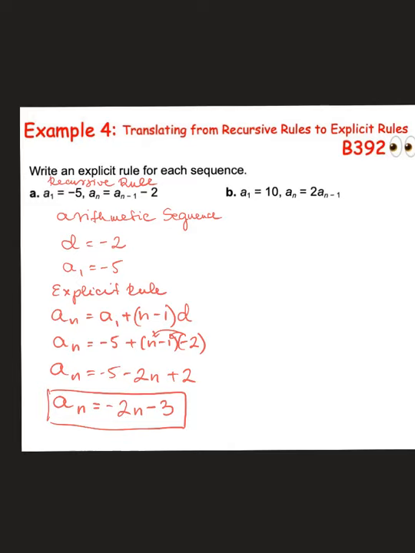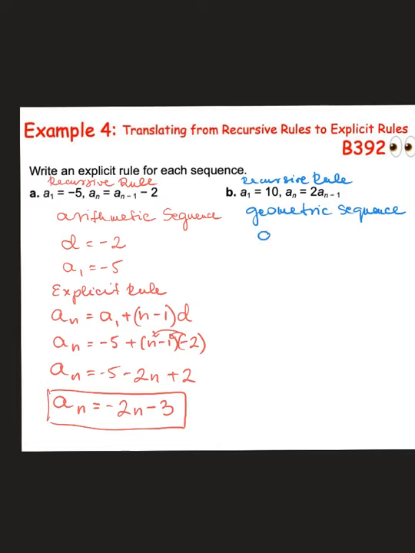So now we'll go to the second one, which is again a recursive rule, and it's a geometric sequence. And I know this because there is a multiplier of 2.